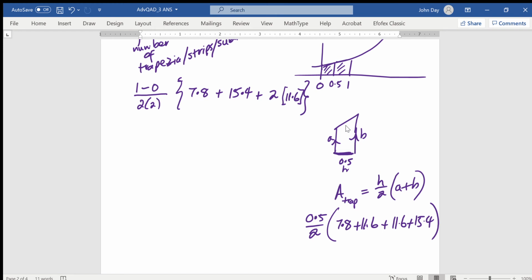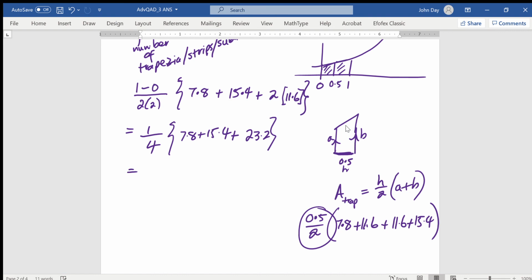But anyway, back to what I've got here. Both of what I wrote down at the bottom would have a quarter out the front. And then we've got 7.8 plus 15.4 plus twice 11.6, which is 23.2. So I'm going to put all those in, plus 7.8 plus 15.4.